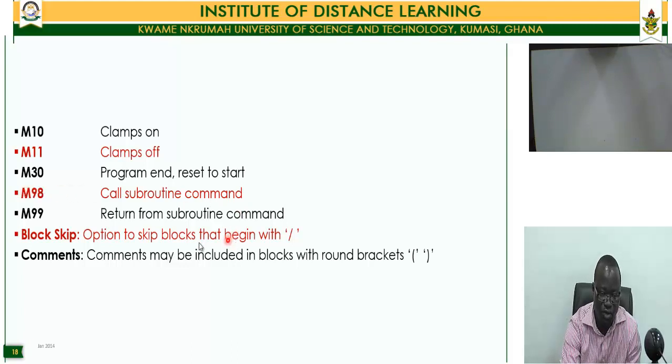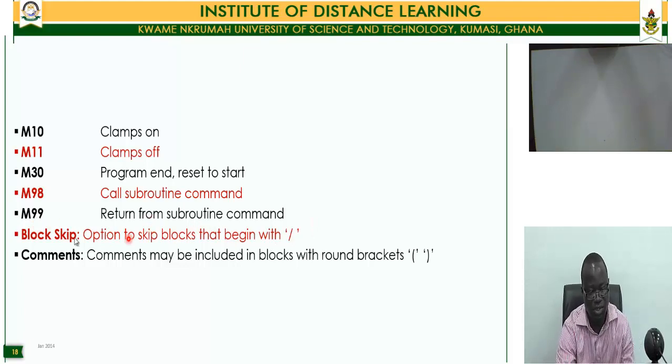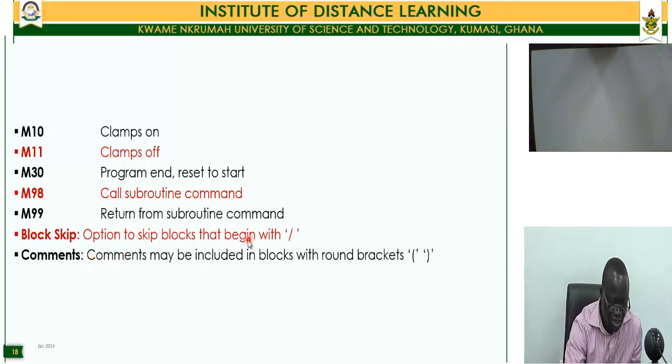M11 clamps off, M30 program end and reset to start, M98 call subroutine, M99 return from subroutine command, and block skip. That is if you want to skip a block.